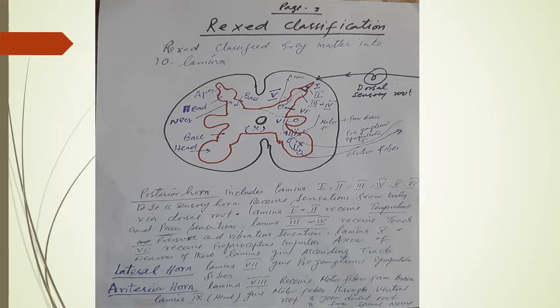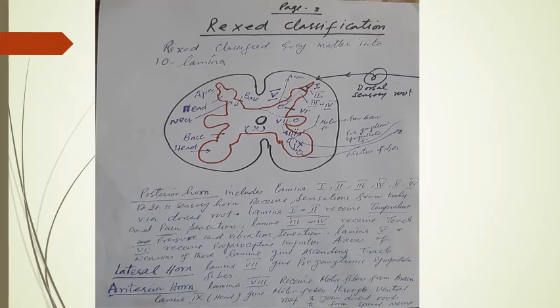Origin depends on the nature of the tract: temperature and pain from lamina 1, touch, pressure and vibration from lamina 3 and 4, proprioceptive from lamina 5 and 6, and they end in the thalamus. Whereas here the first name is of the brain, like cortex, red nucleus and the vestibular nuclei. Second is spinal, and termination is lamina 7 and 9.